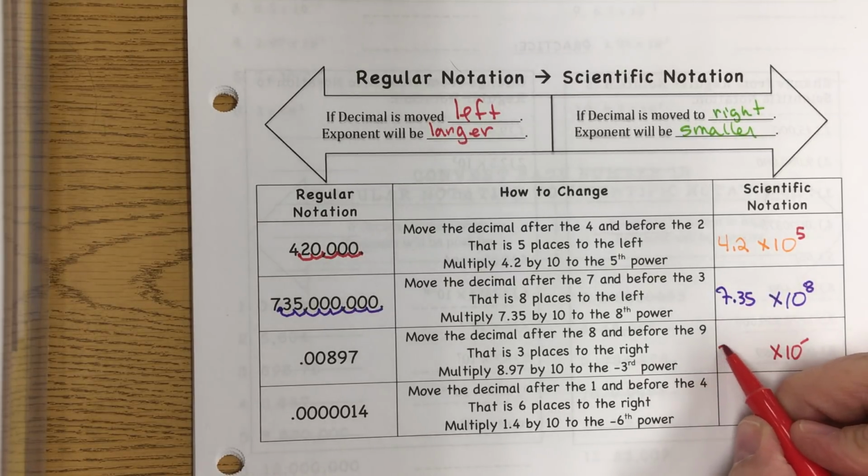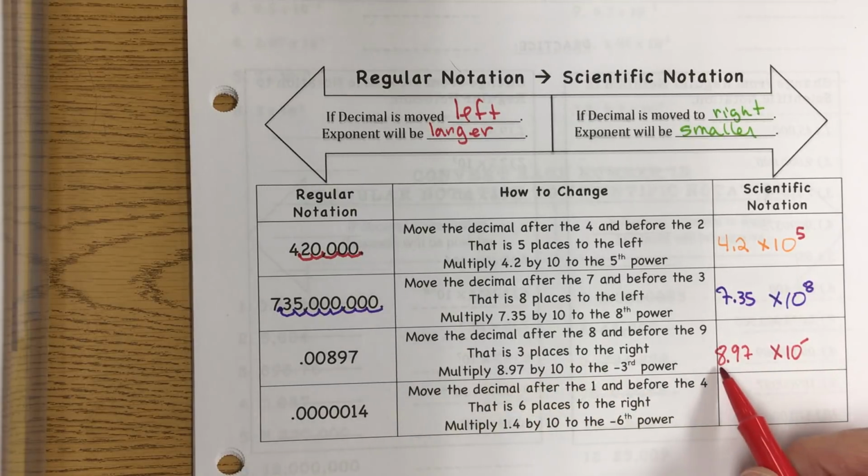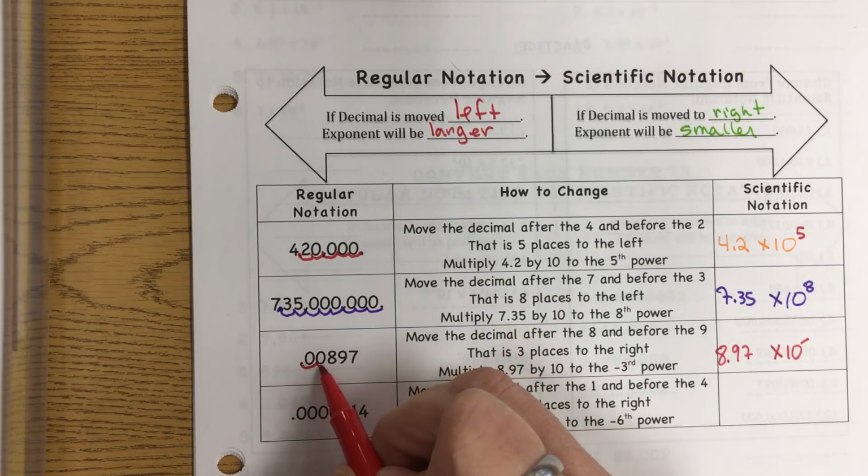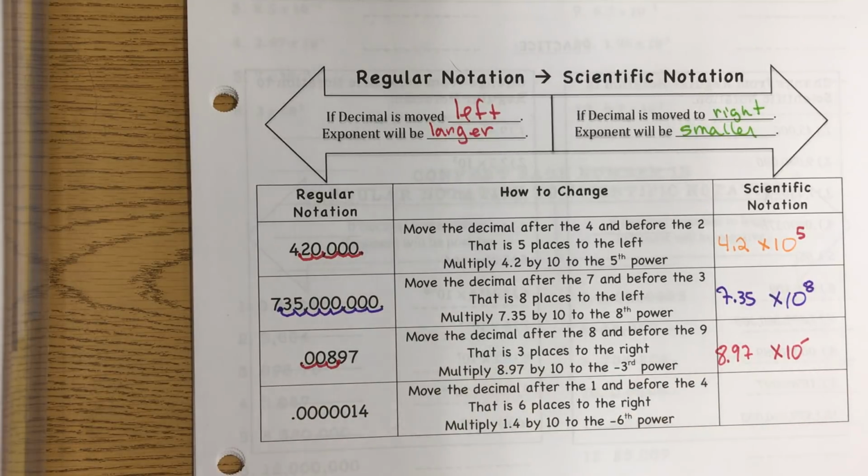Again, I know it's going to be 8.97 because this digit right here has to be between 1 and 10. So I move it over 1, 2, 3. I moved it over 3 times. But because that number is smaller than 1, my exponent is a negative 3. Not a positive 3, but a negative 3.